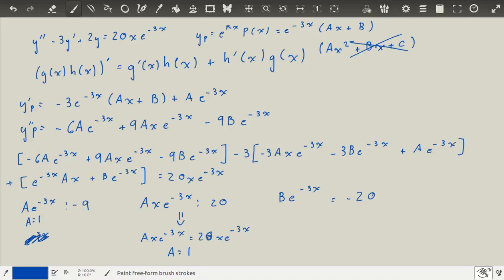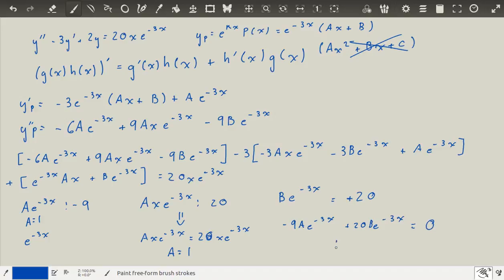So when we get here, we know that -9a e to the negative 3x, that should be plus 20b e to the negative 3x, sorry about that, is equal to 0, because again there are no terms that don't have that x on there.